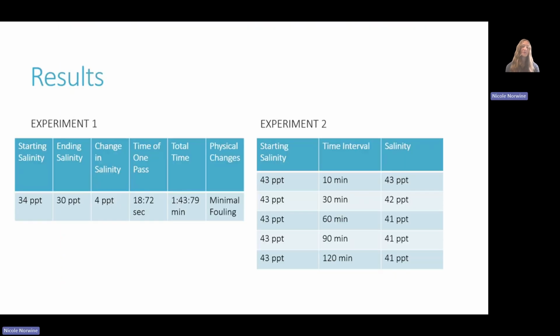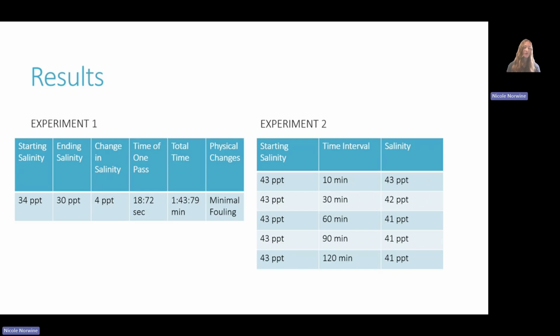For results, in experiment 1, yet again the 1-pass experiment, we start with a salinity of 34 parts per thousand, just on the border of saltwater and hypersaline levels, and that saw a change in salinity of 4 parts per thousand, which is very high. That was with 1 pass at 18.72 seconds.